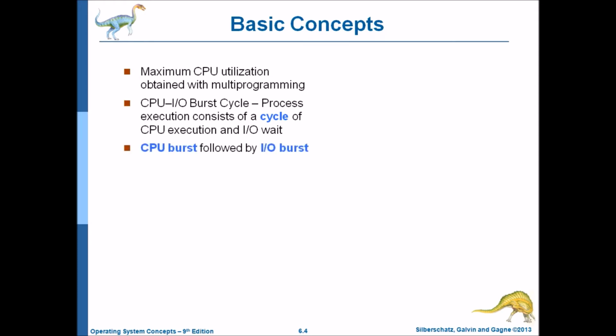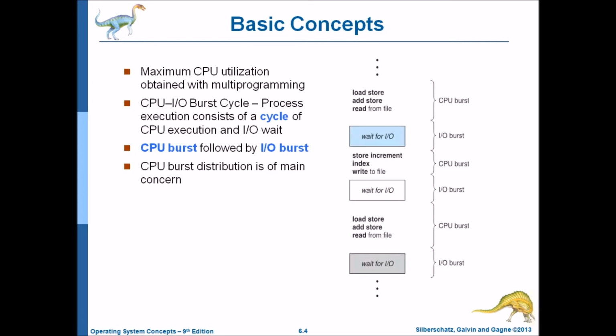A CPU burst is followed by an I/O burst, and then it loops. So our main concern would be the CPU burst distribution to maximize the use of our CPU. In the figure is an example of a CPU I/O burst cycle.